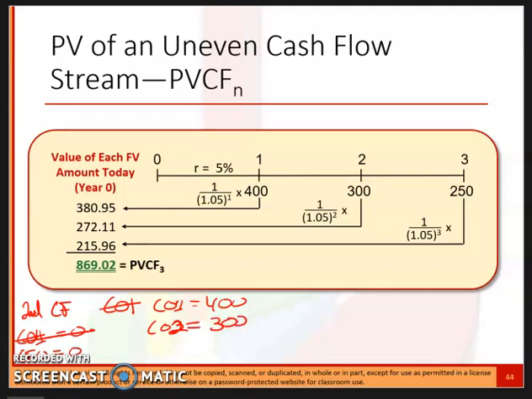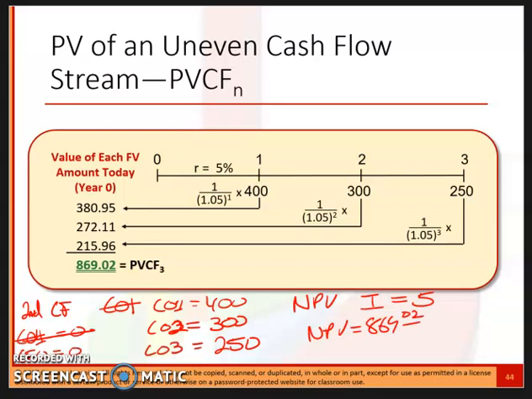The 300, enter, and then down twice to C03, and that's 250. Then you hit NPV, and I equals 0. You enter 5, go down to NPV, and hit compute. So NPV is going to be $869.02.